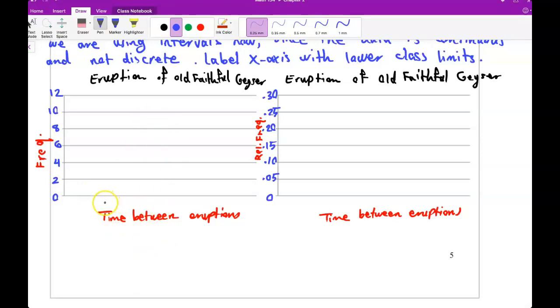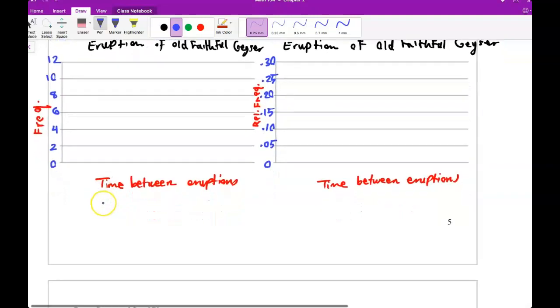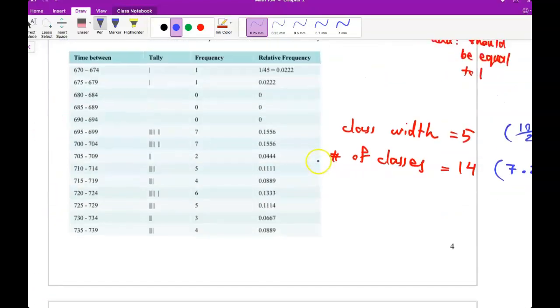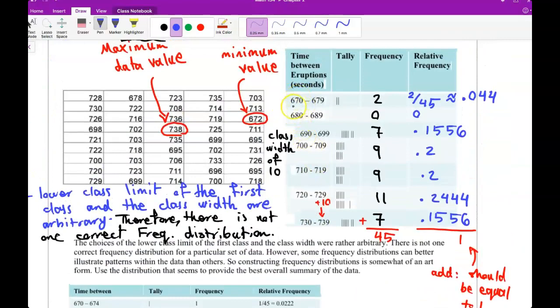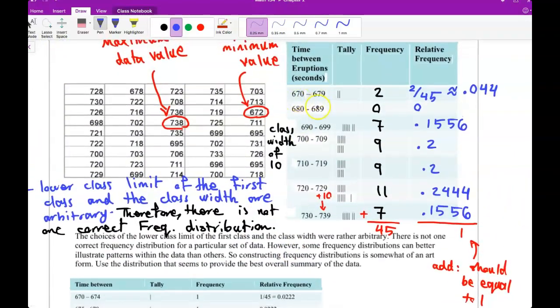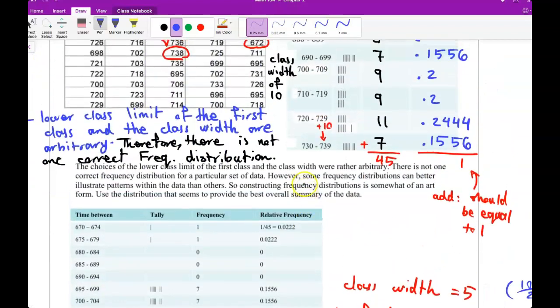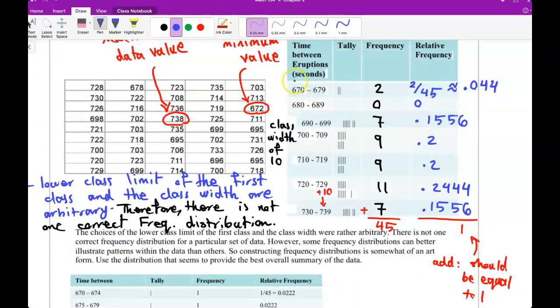Okay, now writing our classes here. As you can see, that is 0, so I'm not starting from that part because our classes start from 670. The lower class starts at 670. So I'm going to write all these classes. The numbers that I use are 670 up to 680. I'm not using that one because this is 679.9999, and I'm not able to write it that way. So I'm using these lower limits.